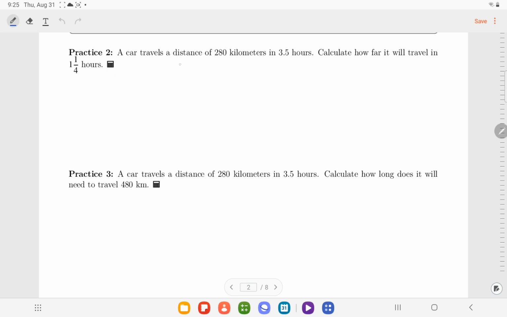A car travels a distance of 280 kilometers in 3.5 hours. This is our rate. This is our conversion factor. Calculate how far it will travel in 1 and 1/4 hours.